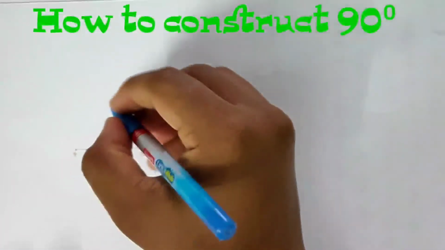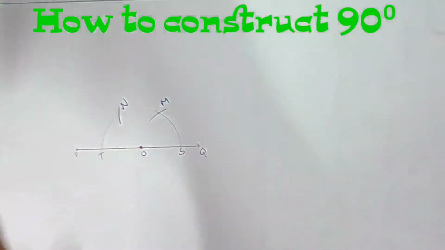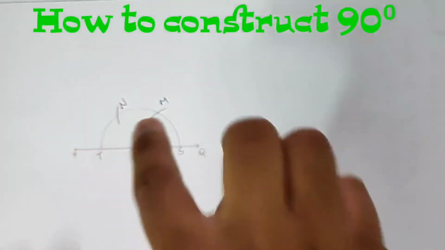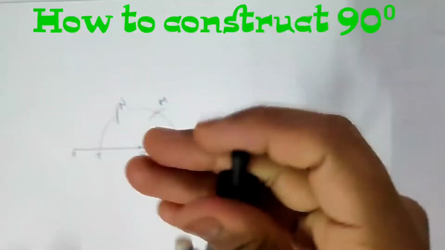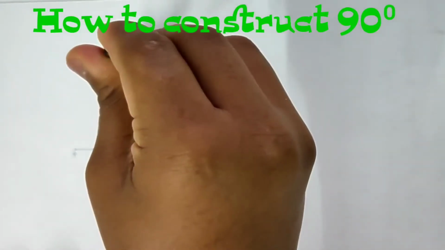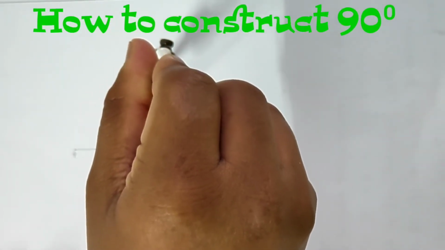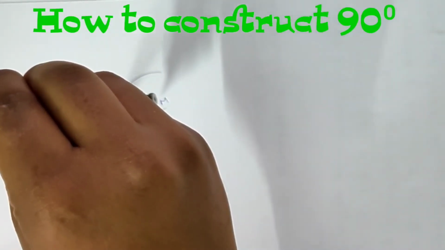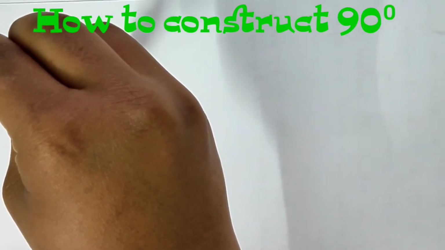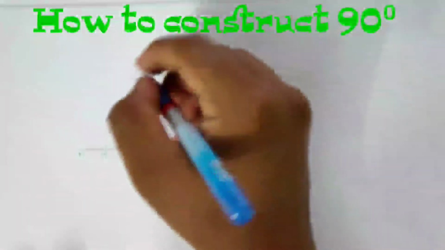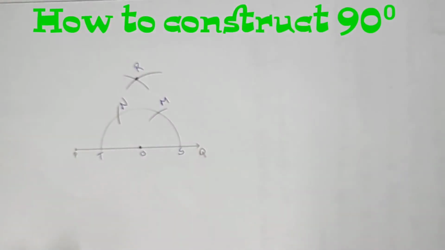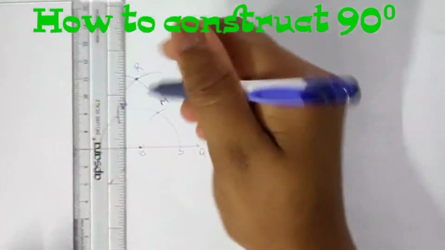Name it as N. The 2 points N and M. From them, draw arcs from both of the points. We get a point. Let us name it as R.